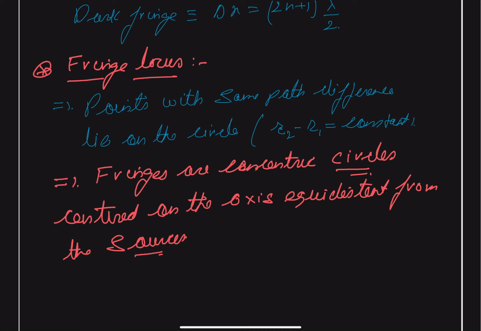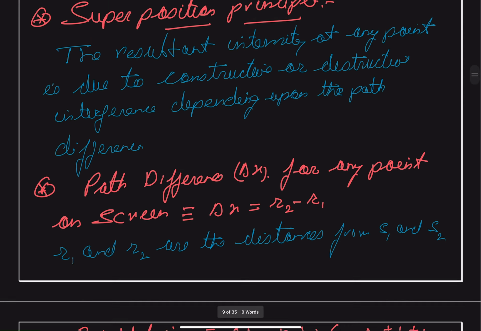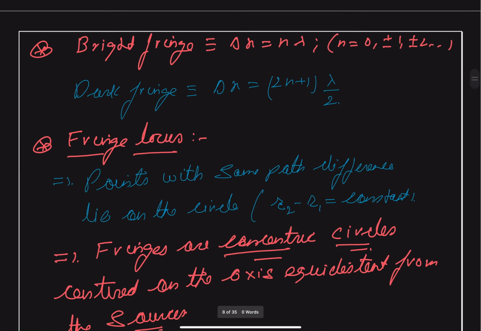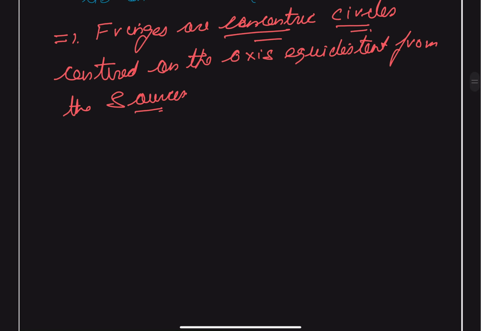Okay, so it will be concentric circles. So we can say that option D is the correct one.